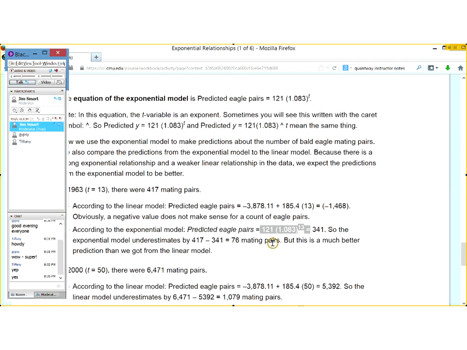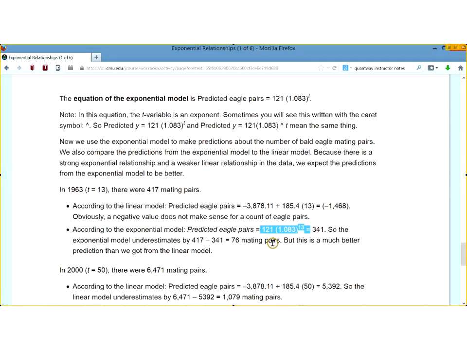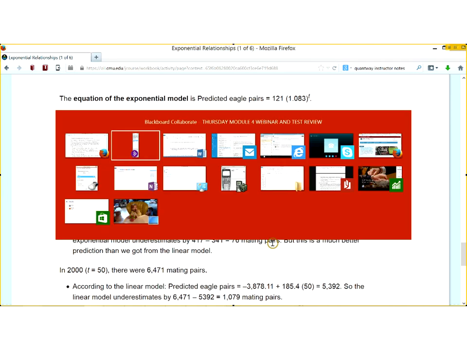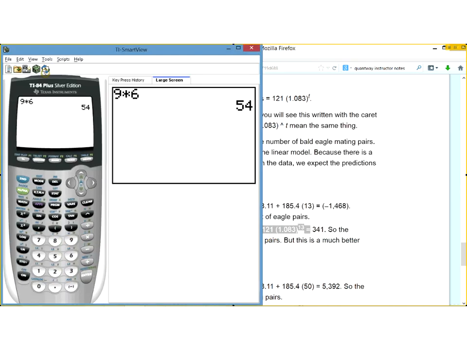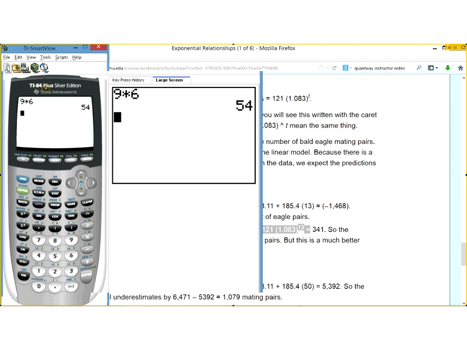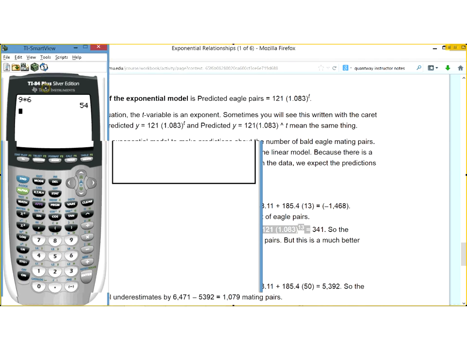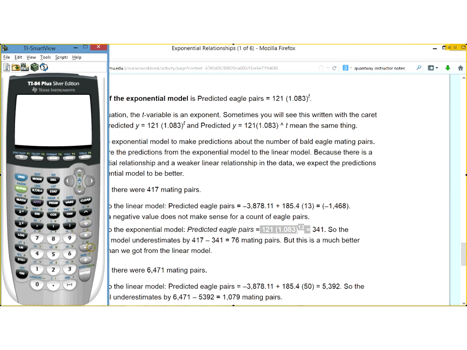So if I bring up my calculator now, there we go. Let's take this large screen off. All right. So I realized I've been playing around with this, and it's impossible for you to see what buttons I'm pointing at. So I'll do the best I can.